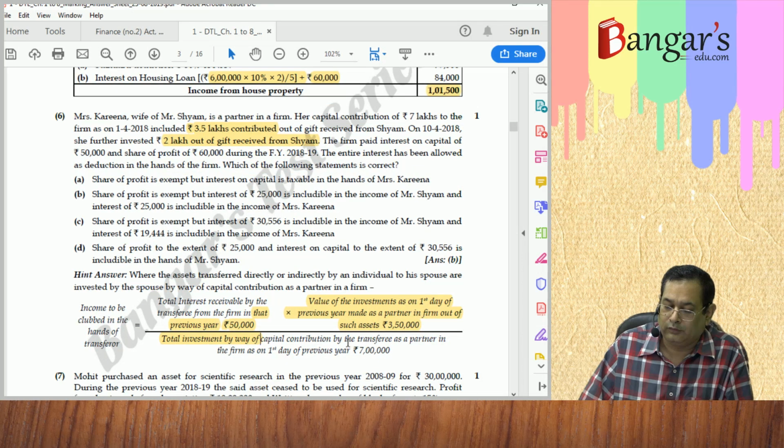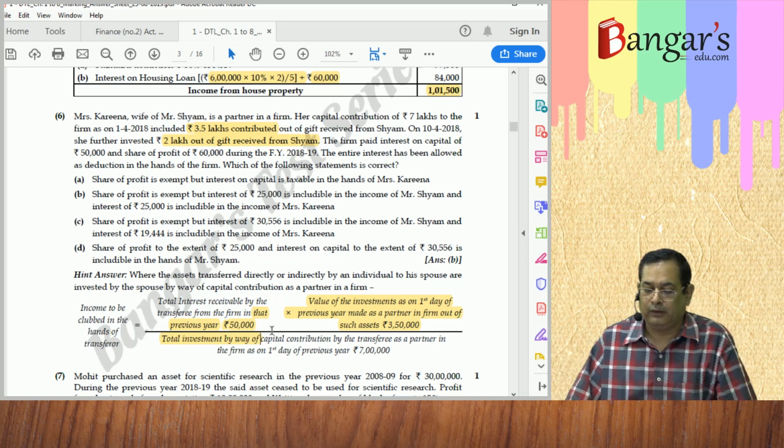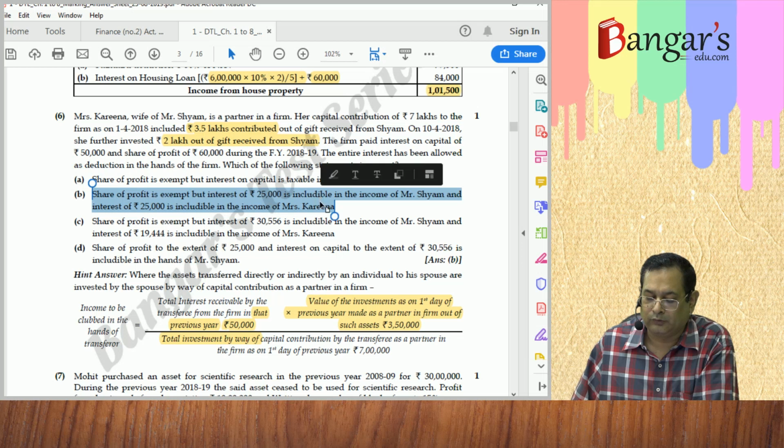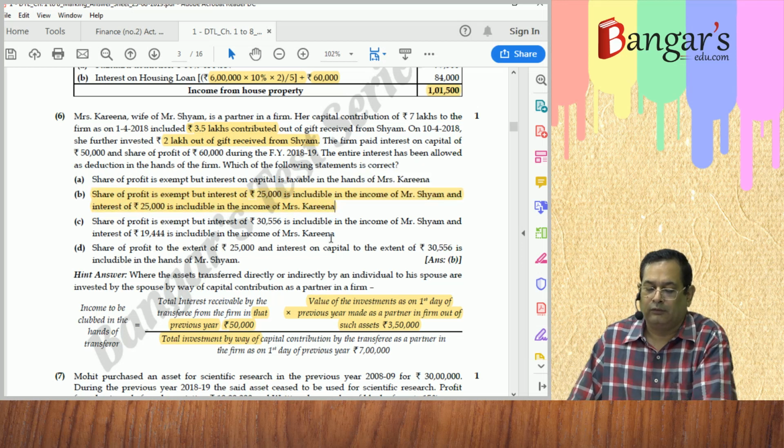Therefore, only 25,000 will be clubbed in hands of Mr. Sham. So, share of profit is exempt from tax. 25,000 will be includable in income of Sham, and interest to the extent of 25,000 will be includable in Karina.